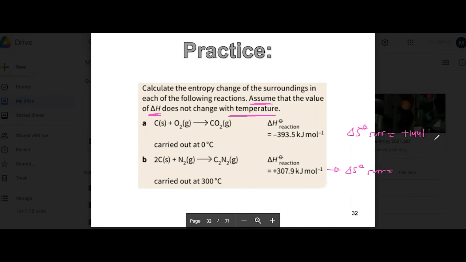The result is positive 537.35 joules Kelvin minus 1 mole minus 1.